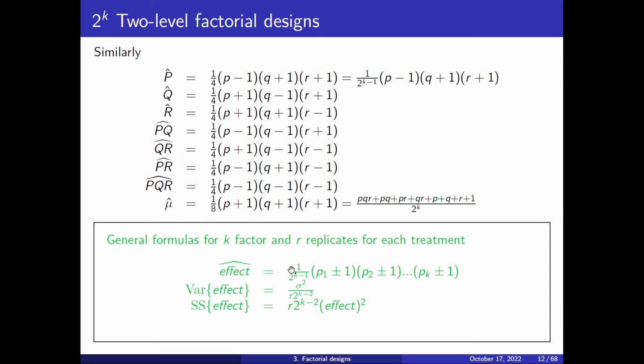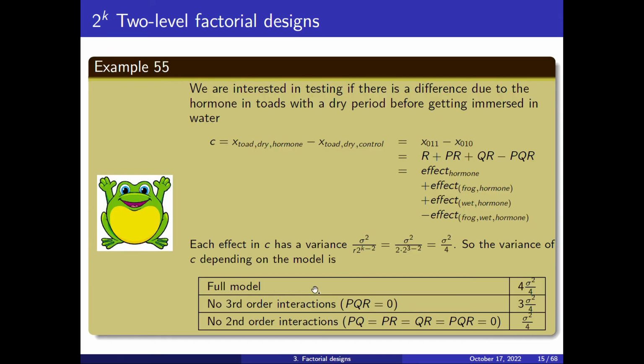Each one of those estimates will have a variance. So we can substitute what is the variance of each one of these 4 elements, and it is this one, that is sigma squared divided by 4, because we have 2 animals and we have 3 factors, so it is sigma squared divided by 4.